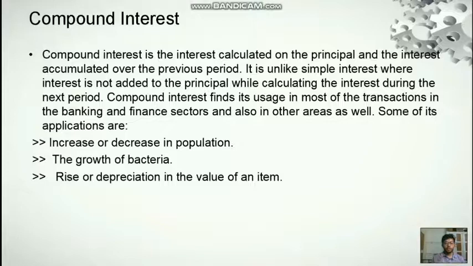So by the definition, compound interest is the interest calculated on the principal and the interest accumulated over the previous period. It is unlike simple interest, where interest is not added to the principal while calculating the interest during the next period. Compound interest finds its usage in most transactions in the banking and finance sector.